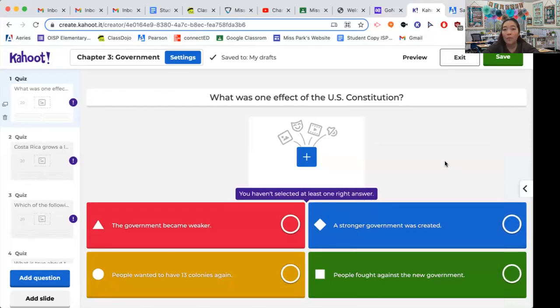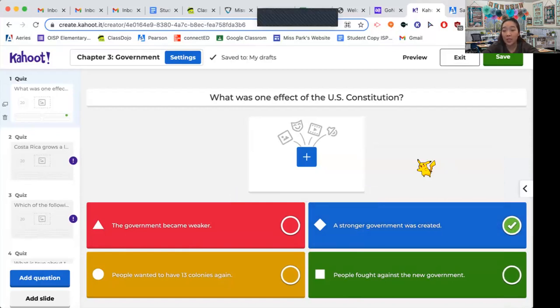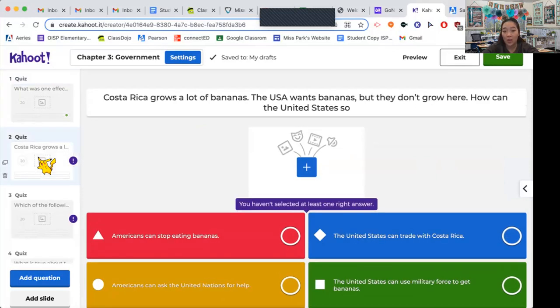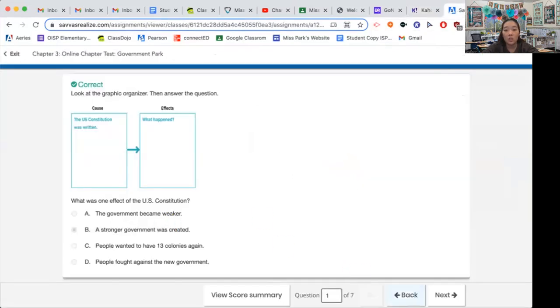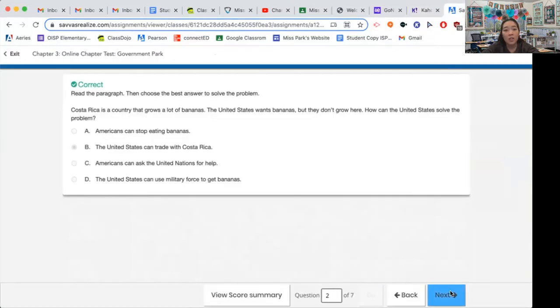So what was one effect of the US Constitution? A stronger government was created. So when you create quizzes, you need to make sure that you put the correct answer, okay? Costa Rica grows a lot of bananas. The USA wants bananas, but they don't grow here. How can the United States solve the problem?